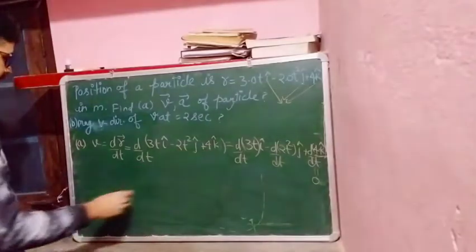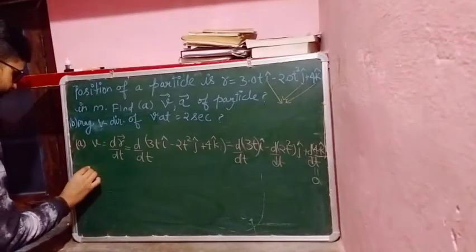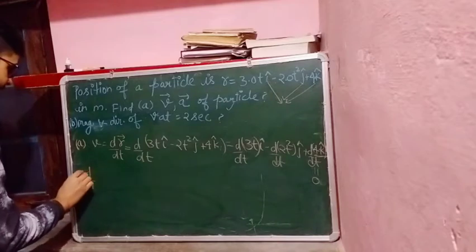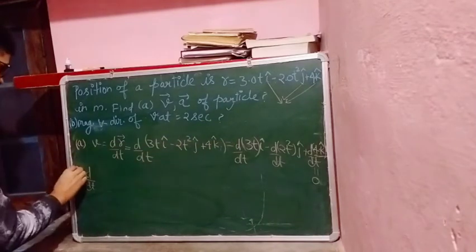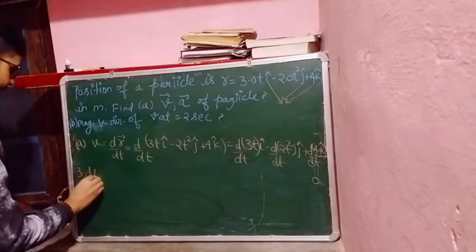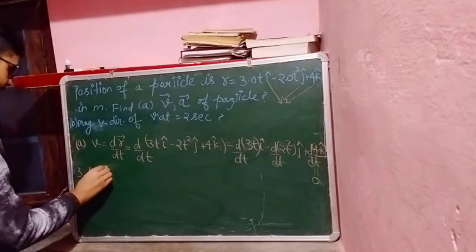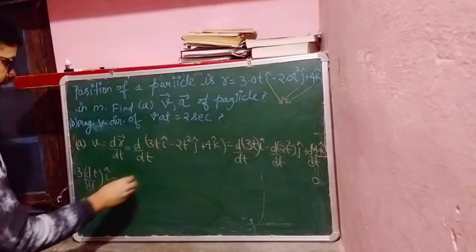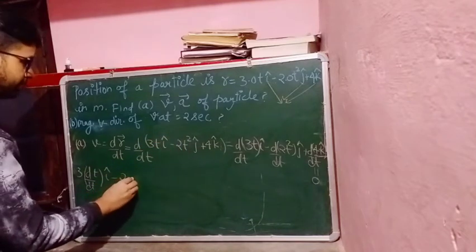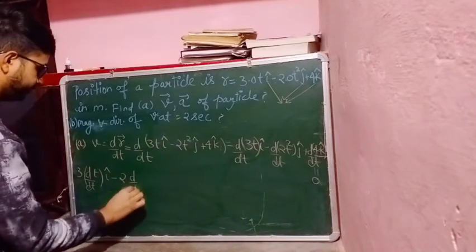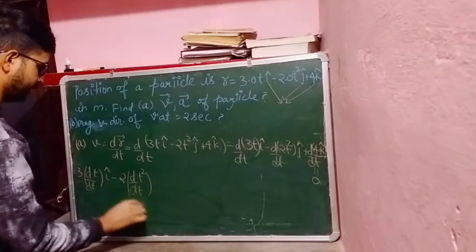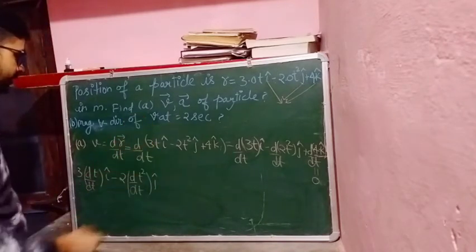So only two terms remain. 3 is outside, and i cap is also outside of the differentiation, and 2 and j cap are outside with d over dt of t square, and the third one is 0.